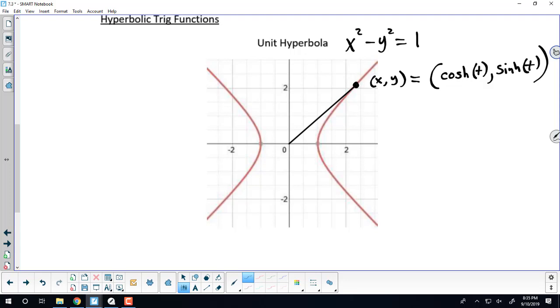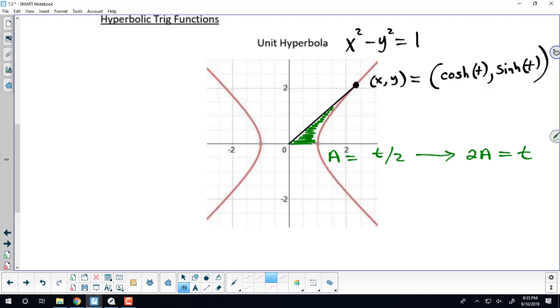Instead of the area of the sector, if we look at the area of this region, between the ray connecting the point to the origin and the unit hyperbola, that area is also t over 2, or twice the area is equal to t.